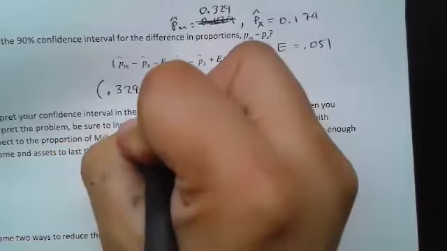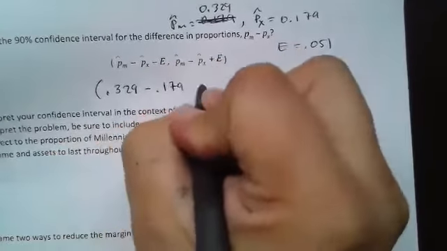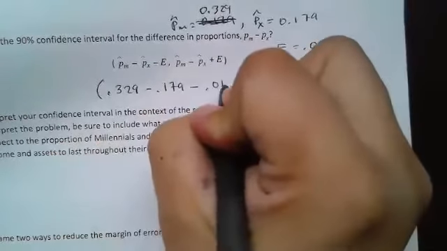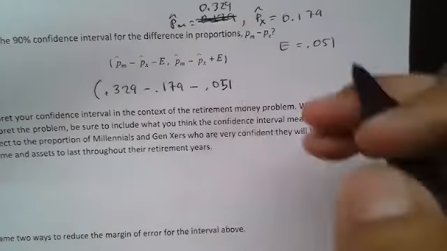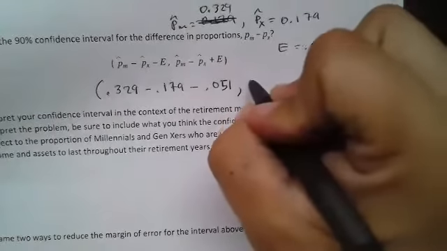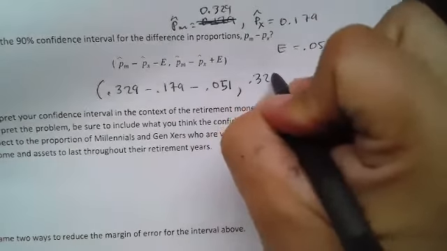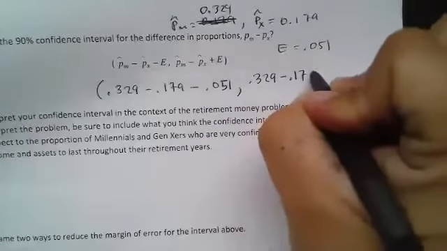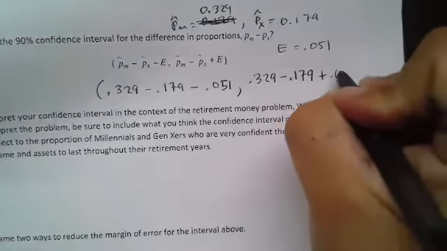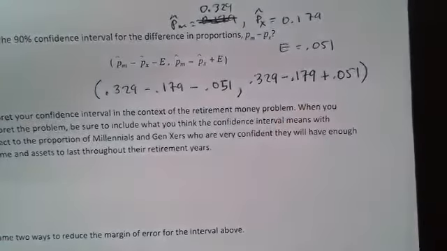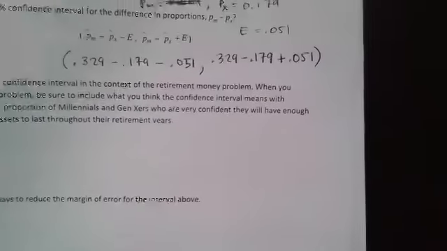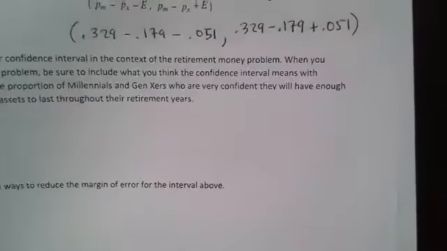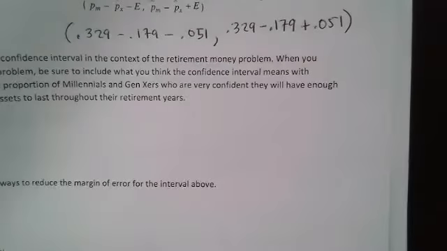0.329 minus 0.179 minus 0.051, right? Yeah, my bad. All right. 0.051. Plus 0.051. We plug that in, and then we get what?